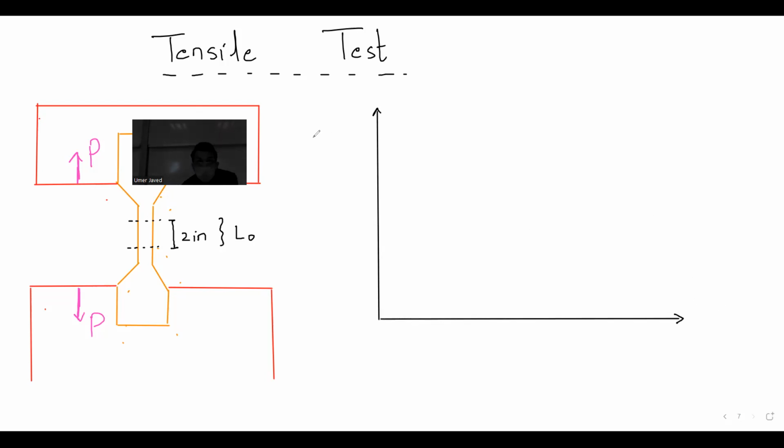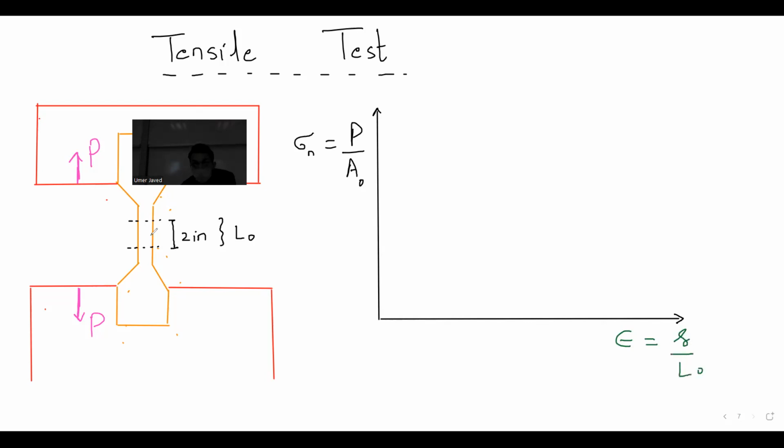This is my normal stress equal to P over A naught. And this is my stress strain curve. On the y-axis, I have stress. On the x-axis, I have strain, which is equal to the change in length produced divided by the original length.